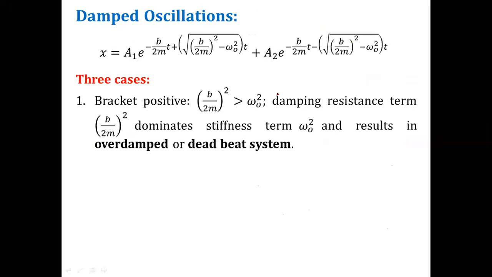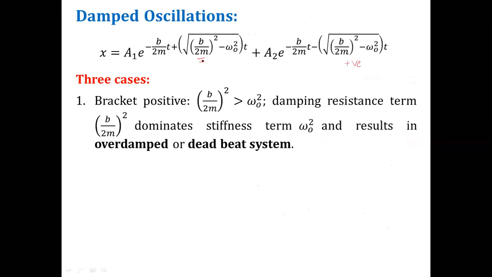Now I'm going to talk about 3 different cases here. First case, when this expression b upon 2m whole square is greater than omega naught square, right? So your square root term in both of the cases will be a positive term.